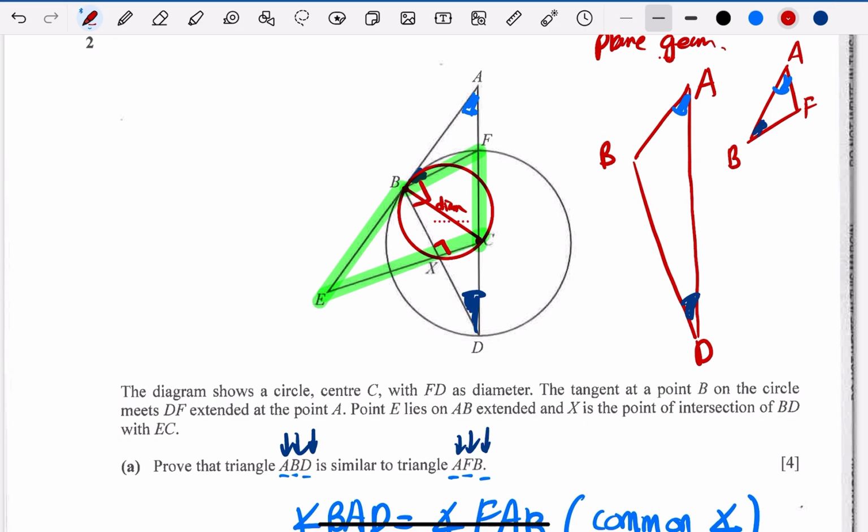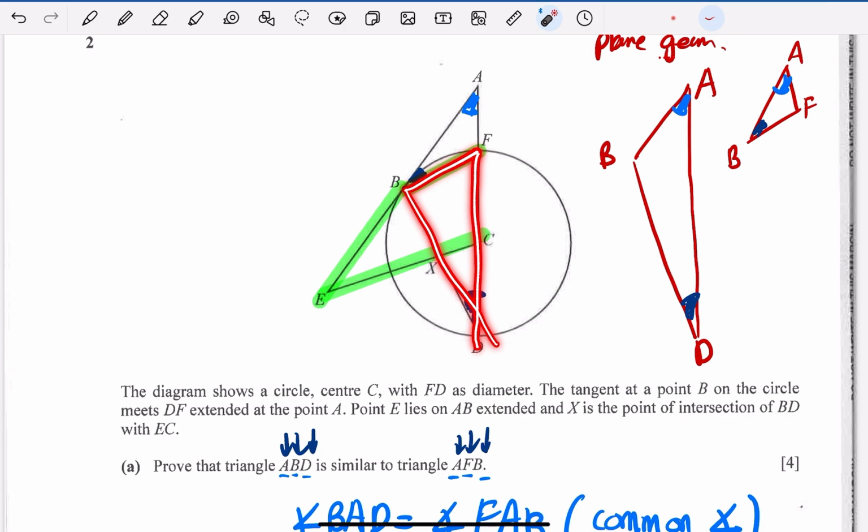Why is this also 90 degrees? If I erase all of this, do you see that this part over here is also a diameter, in which we get our angle FBD to also be 90 degrees, because this is again another angle in a semicircle.